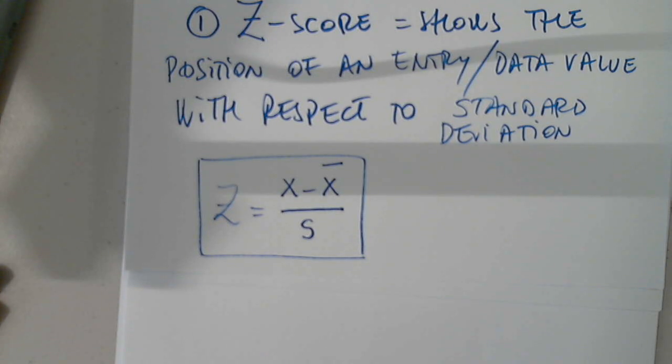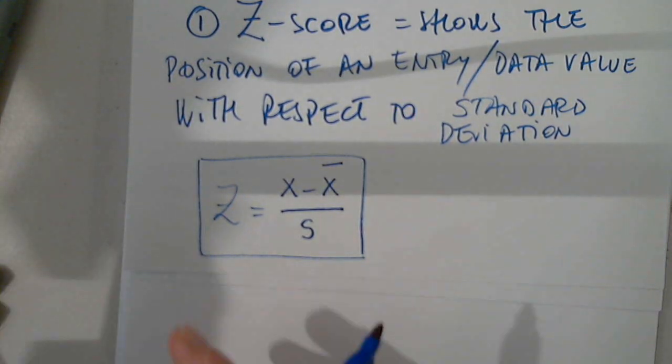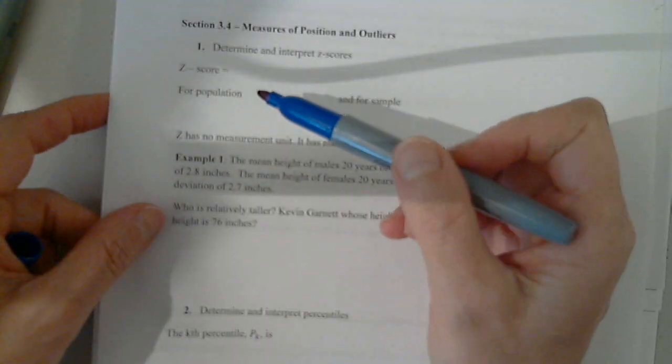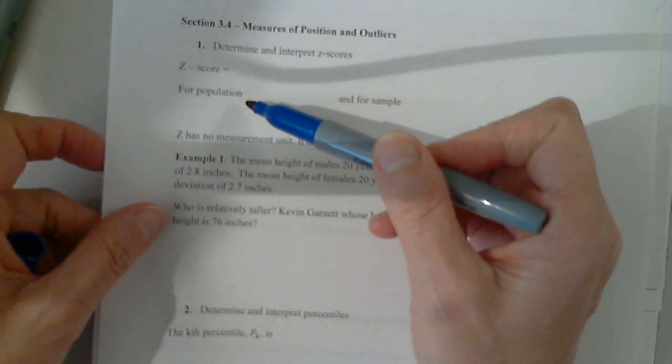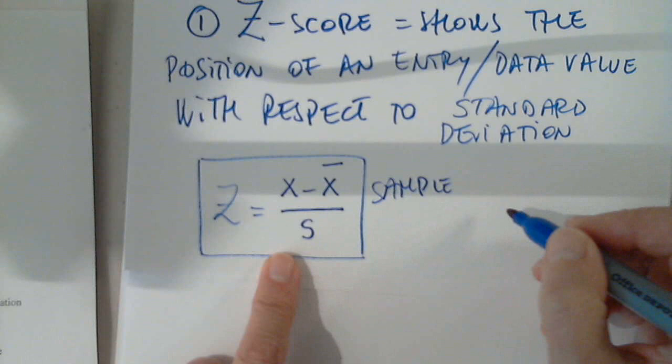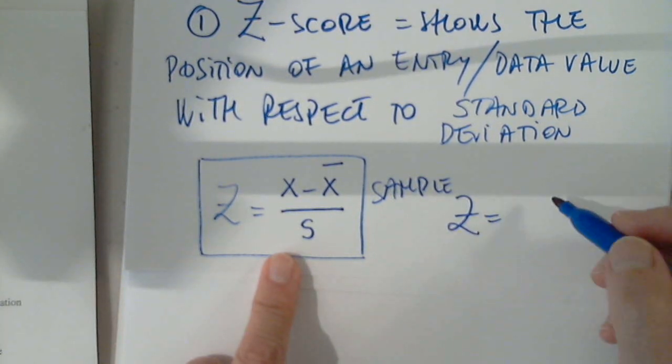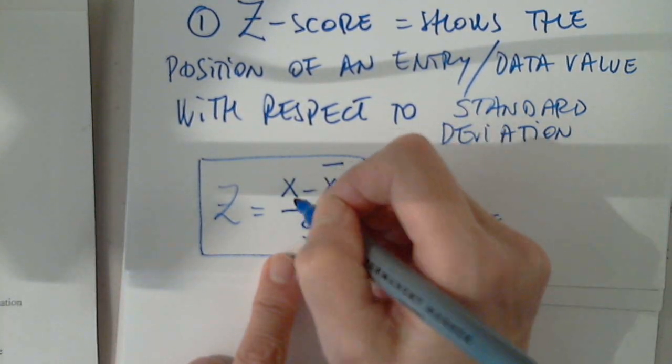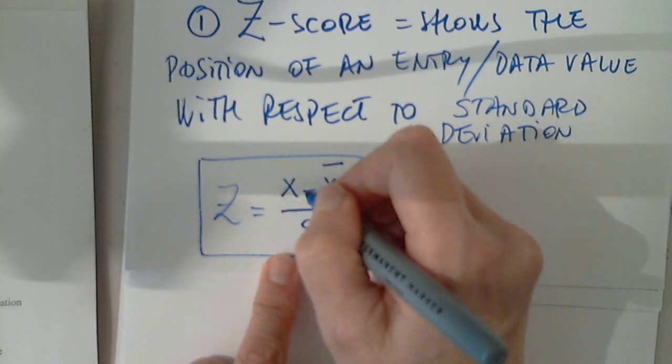So if now we look at the first example and we want to compare, for a population and for the sample, of course, it will look differently. So this is for the sample. And the z-score for the population will be, of course, this is xi. It can be zi for any entry.